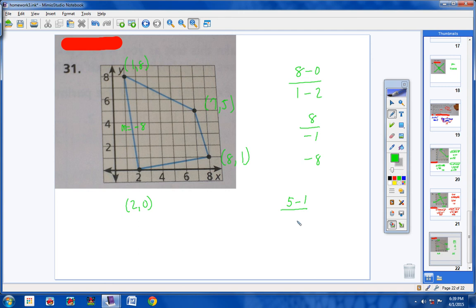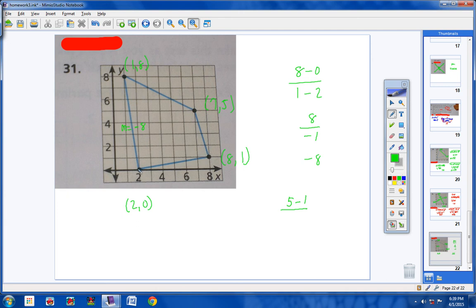Did I make another mistake again, guys? Let's see here. No, I did not. So it looks like these two sides here are not parallel.